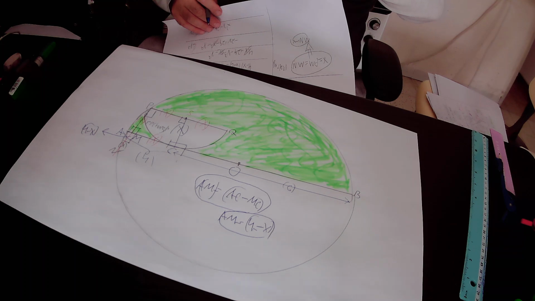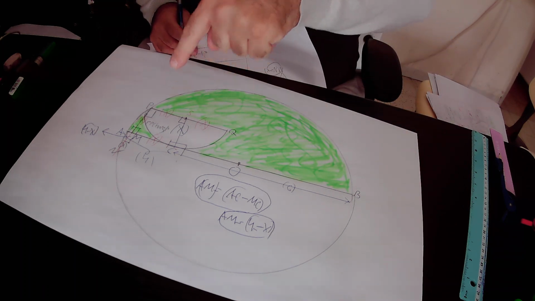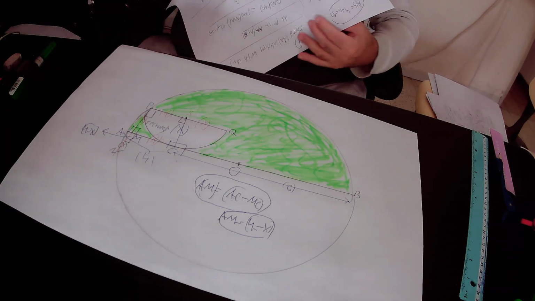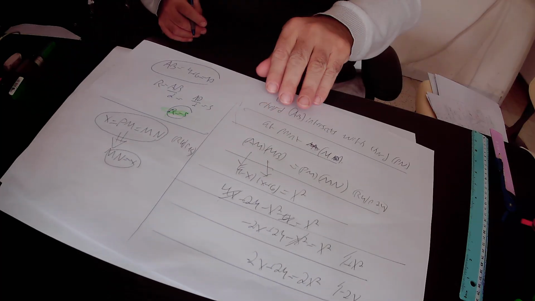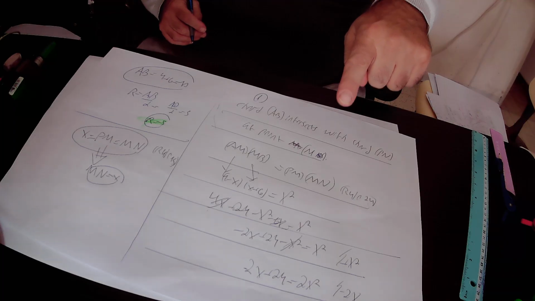According to rule 24, AM times MB equals PM times MN.